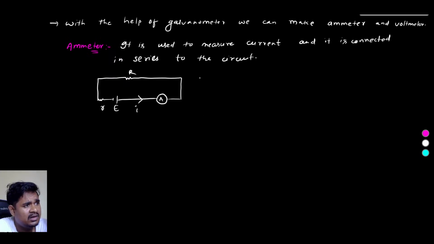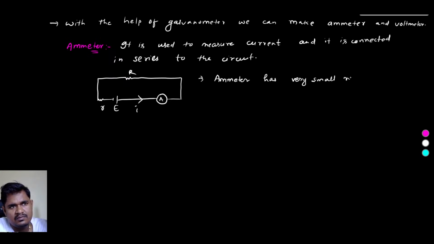An ammeter generally has very small, negligible resistance, and an ideal ammeter has zero resistance.